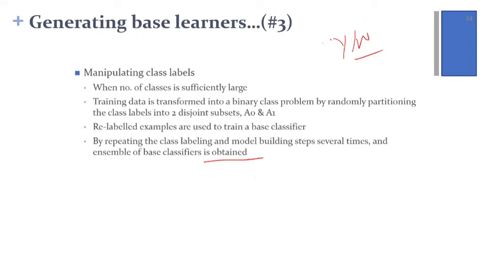It is time to start thinking of manipulating the class labels, which means I want to turn them into several binary classification problems. And hopefully, the ensemble system will solve the problem in a better way. That is the third one. We can resample, we can try to manipulate the input features, and then you might even manipulate the class labels.